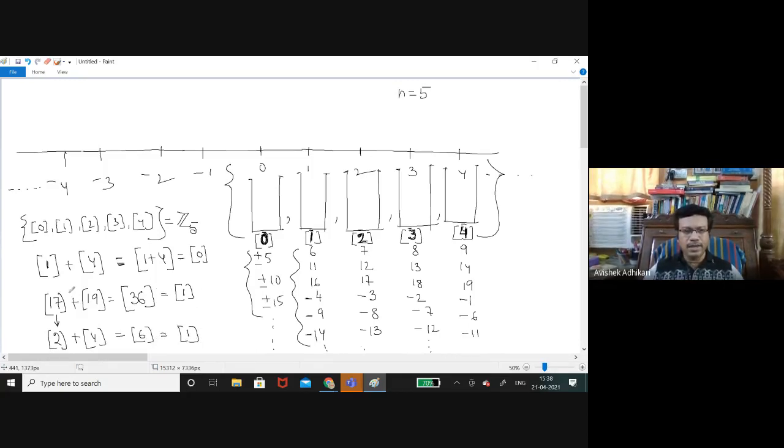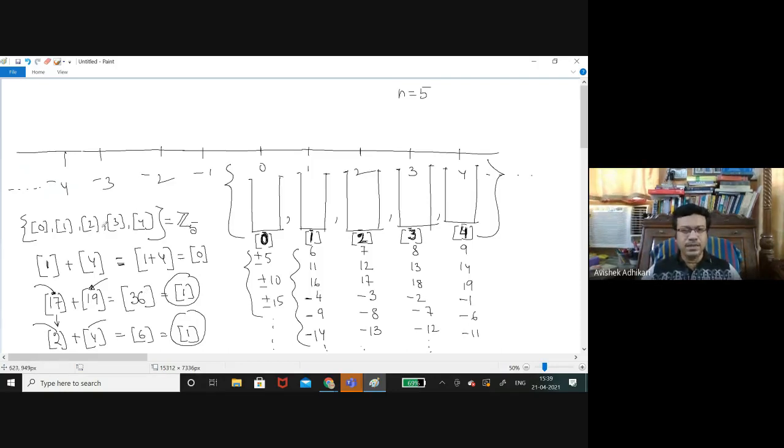So instead of dealing with each of these party members, it is sufficient to deal with their leaders, that means 2 and 4. If you deal with the leaders and just add them up, you will end up with the same answer. Okay, so that's the idea.